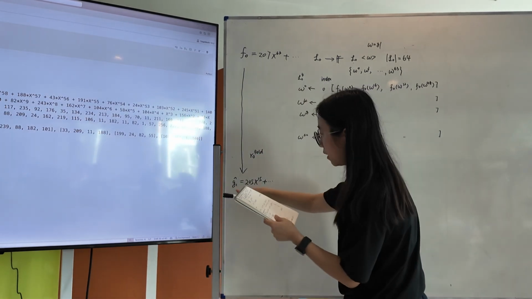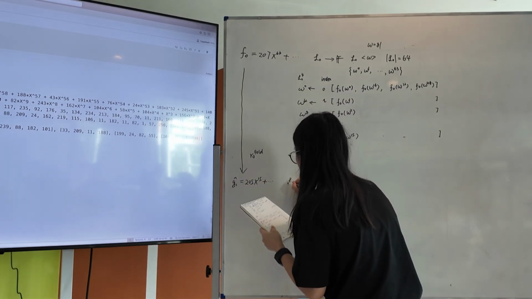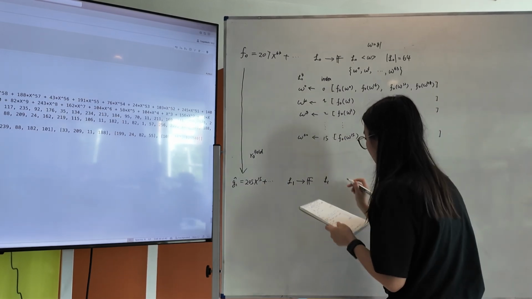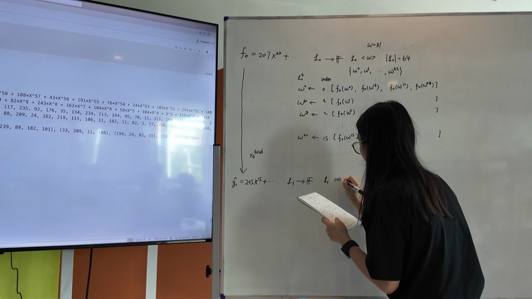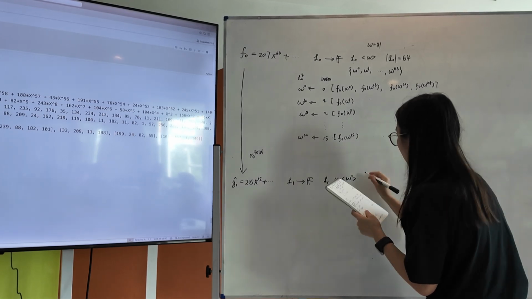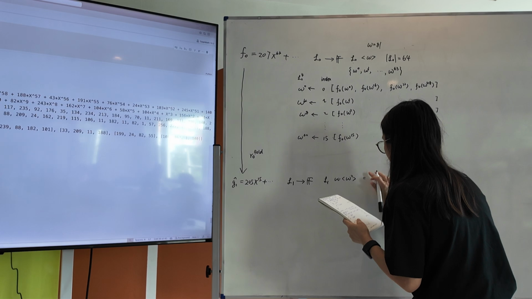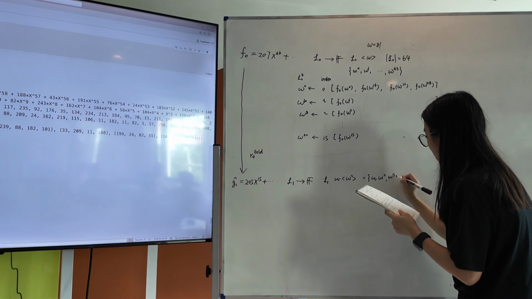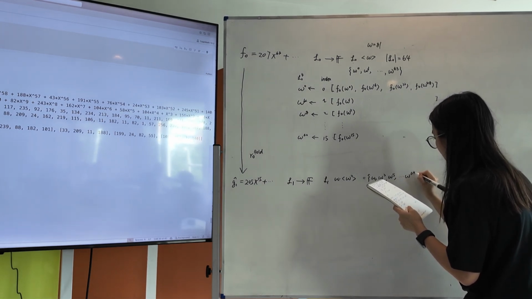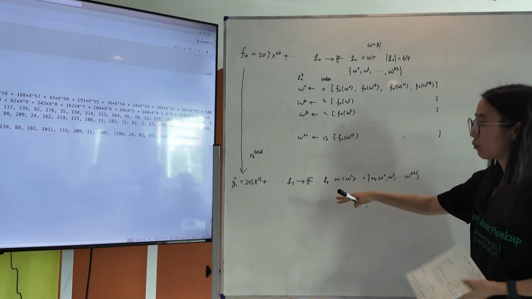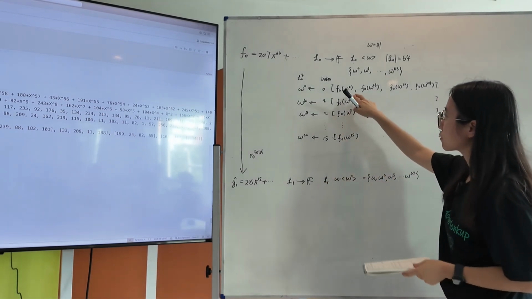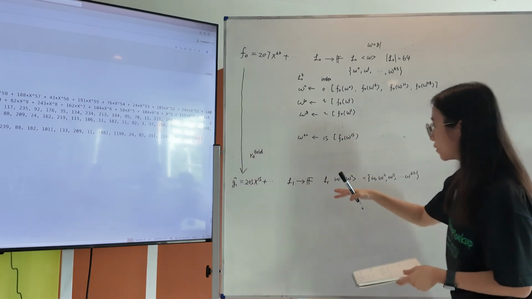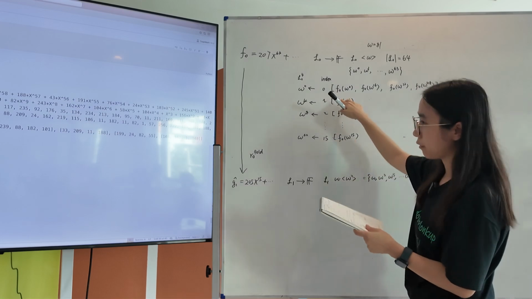And we evaluate it on L1 to map to F. L1 is equal to this. So its elements are equal to this. So the prover will also do this. He will evaluate G1 on L1, and he will group that.